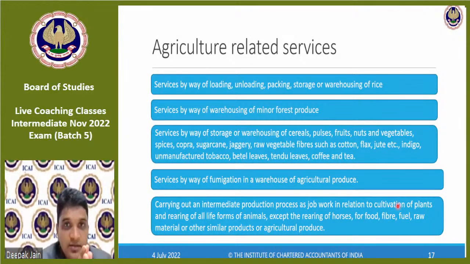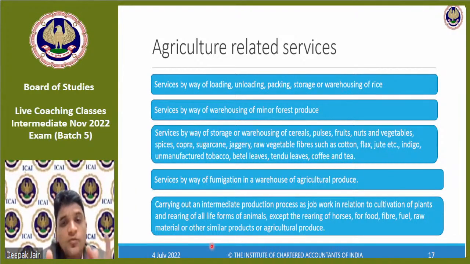That is also exempted. वो किसके रिलेटेड है, in relation to cultivation of plants and rearing of all kinds of forms of animals, जैसे एनिमल्स को भी आप रेयरिंग के लिए या उसको ध्यान रखने के लिए जॉब वर्क में दे देते हो, ओके, तो वो भी एग्जेम्प्टेड है except rearing of horses. जब हम एग्रीकल्चर डेफिनेशन पढ़ेंगे वहां पे हम देखेंगे कि all cultivation and growing of all animals is exempted but rearing of horses, because horses जनरली कमर्शियल पर्पस के लिए यूज होते हैं, तो इसके लिए rearing of horses is always outside the scope of exemption.